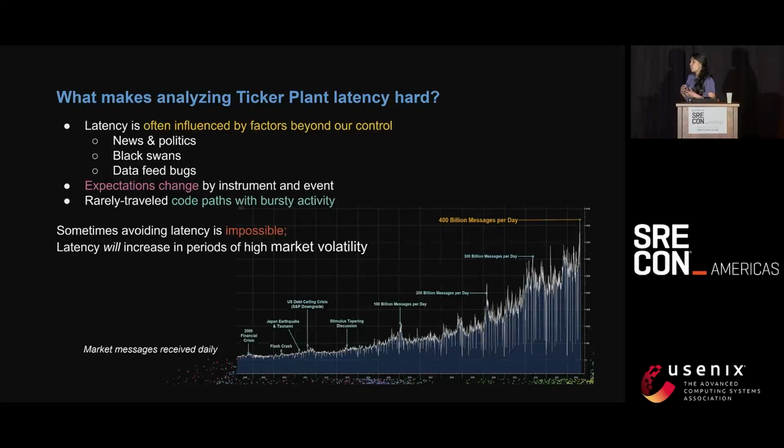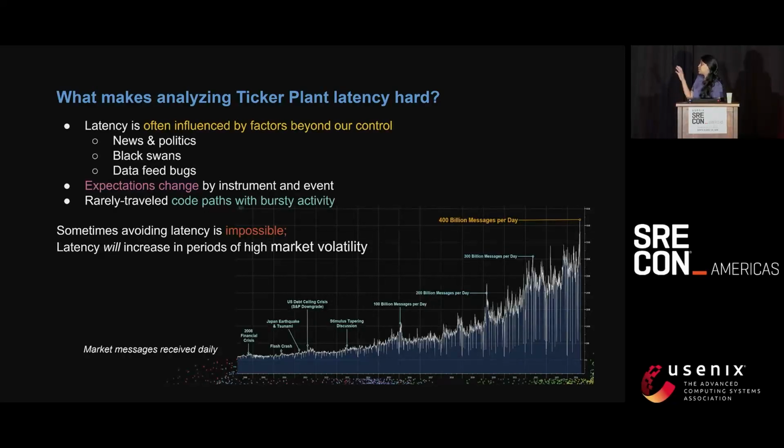What makes it even more fun is that we can't necessarily control or even reliably predict the factors that end up contributing to this latency. It could be news events across the world, client interests in subsets of markets that constantly change. And to add to all of that, these periods of high volatility are typically also the times that our clients care even more deeply about latency.